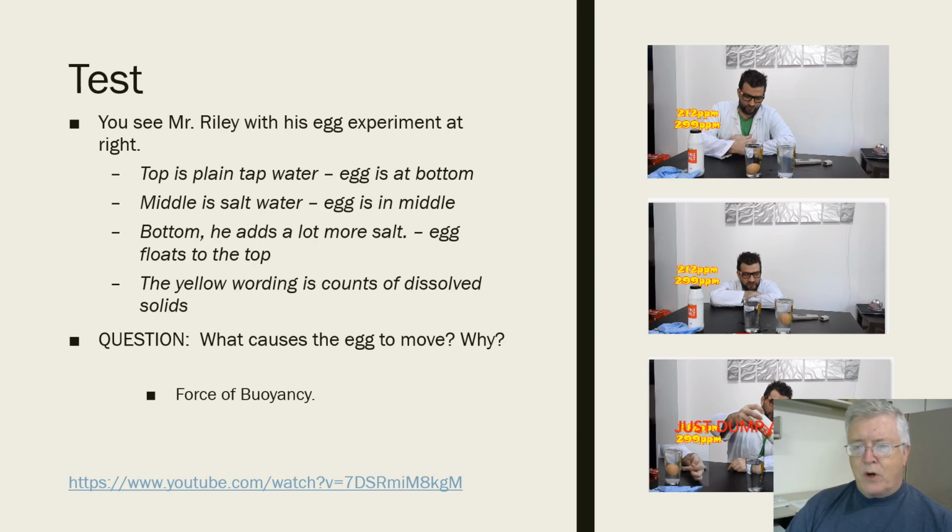So it's the force of buoyancy. Why does it move? Because of the change in density of the fluid. Mr. Riley will freely admit that it's a change in density. That is correct. However, he will not say it's because of buoyancy.